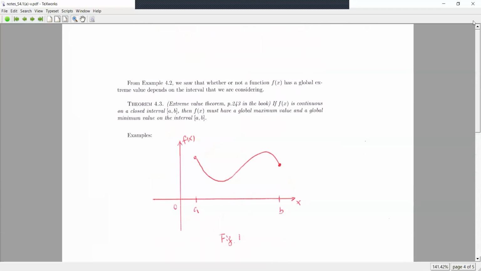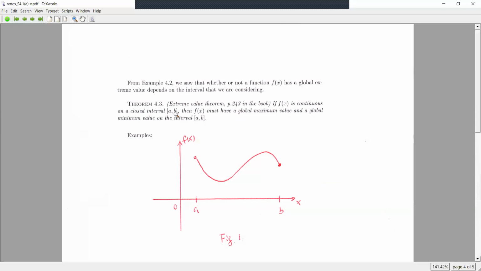This is one example when a function is not continuous: no guarantee. So only when the function is continuous and the interval is a closed interval is the function guaranteed to have a maximum and a minimum on this interval.